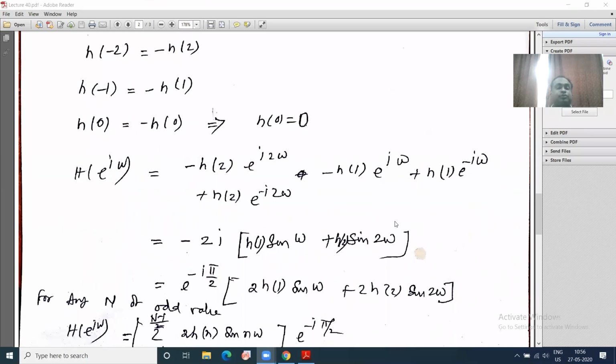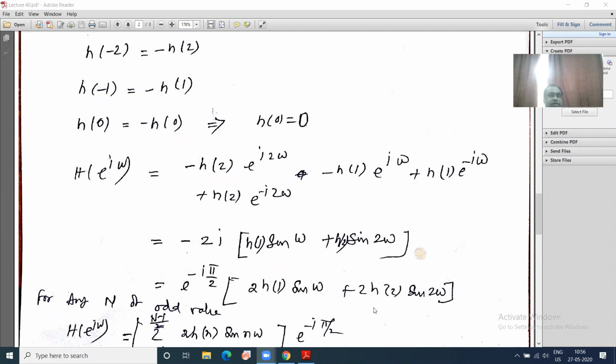Now 2j, so it is minus j, right? Minus j means you have to write e to the power minus j pi by 2. E to the power minus j pi by 2 means cos pi by 2 minus j sin pi by 2.